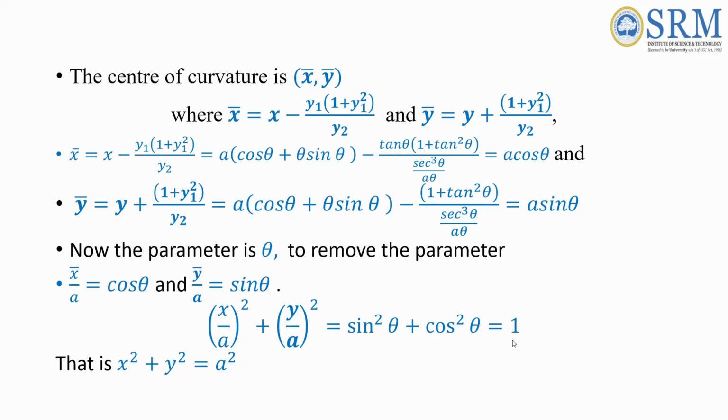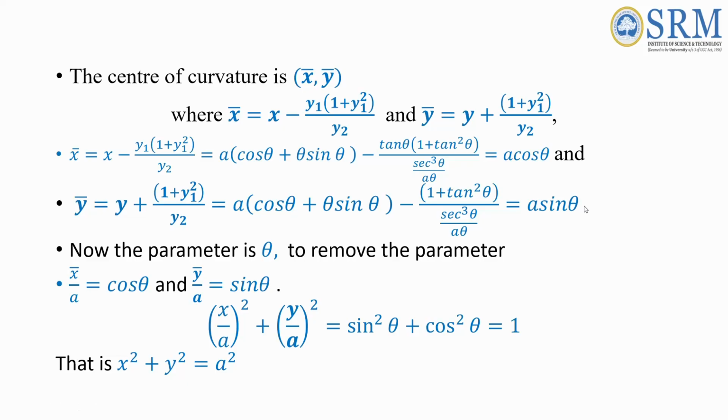Then the center of curvature is x bar equal to x minus y1 into 1 plus y1 square divided by y2, and y bar equal to y plus 1 plus y1 square divided by y2. And replace x, y1, y2, all these expressions, and we are getting the final expression x bar equal to a cos theta. And similarly, replace y, y1, y2, all the things, then we are getting y bar equal to a sin theta.